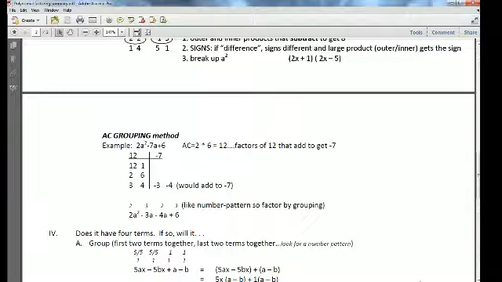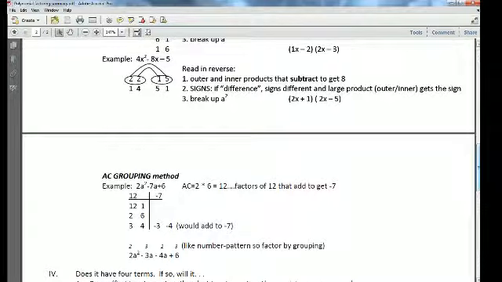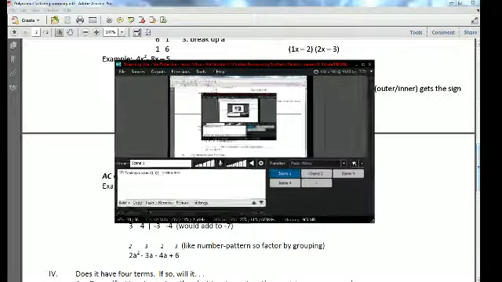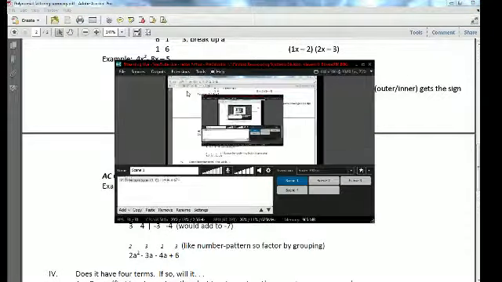So that's there if you want to use it as a reference too. It does not have the slip and slide in it. This AC grouping method is basically the Punnett square slip and slide method. It's just not visually appealing like those are. I can edit that if need be. But that's there too, if you want to use it.